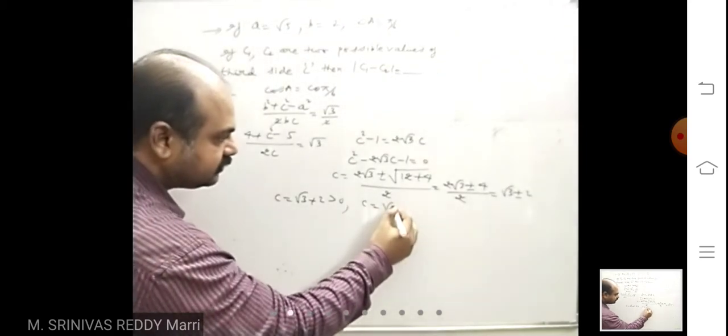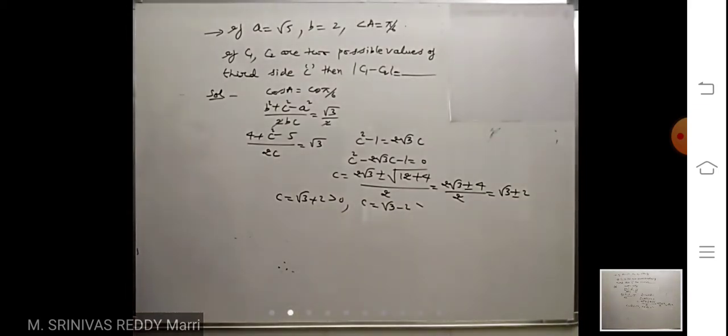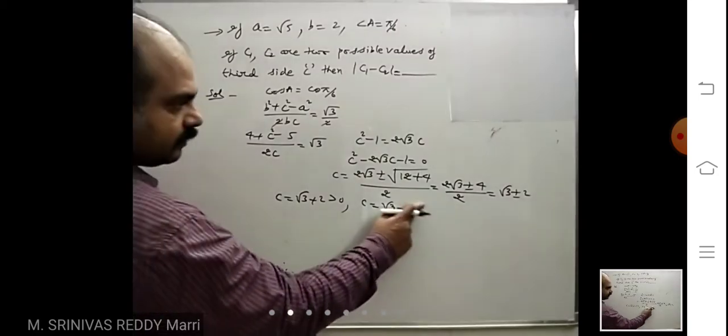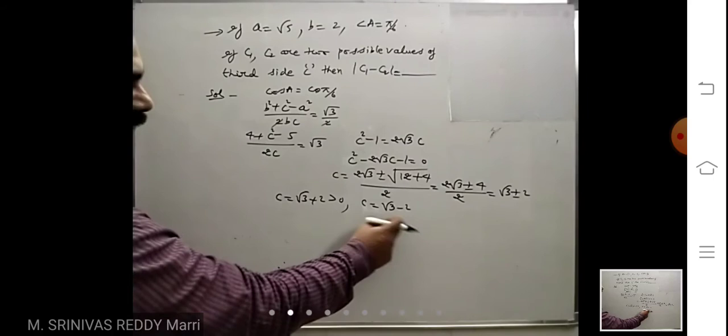And you got root 3 minus 2, another value. So root 3 minus 2.